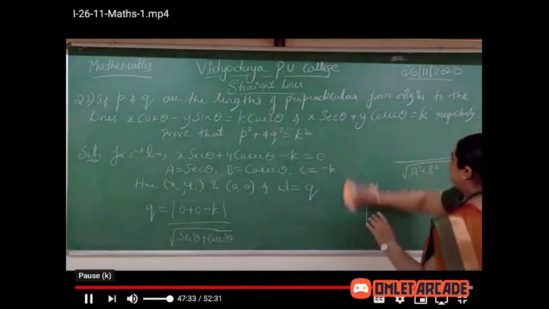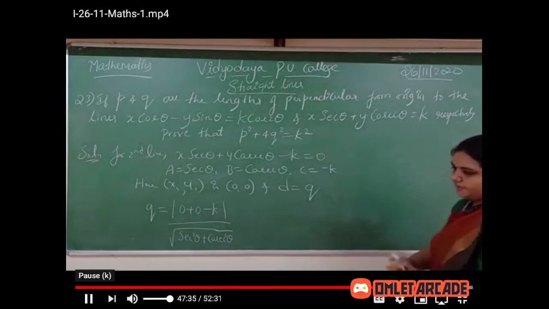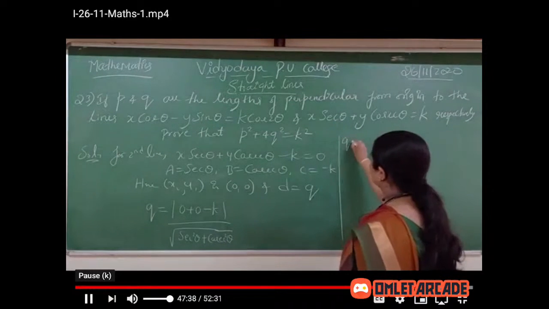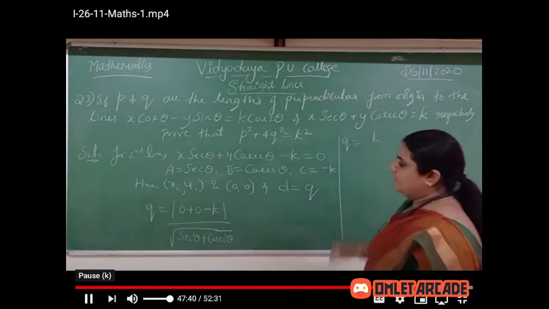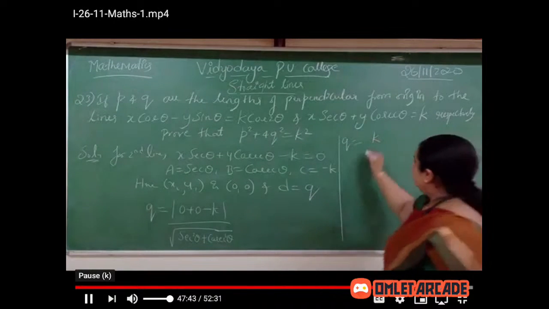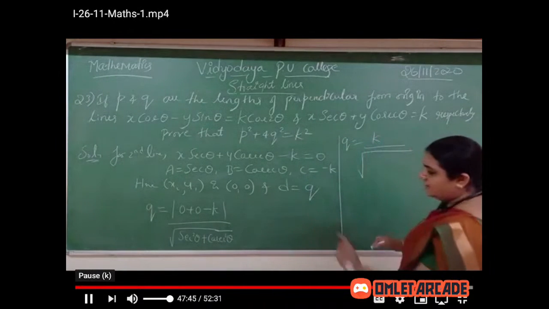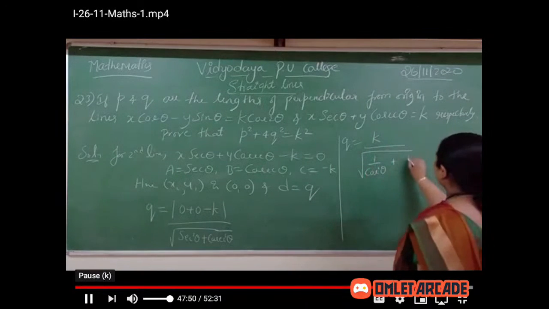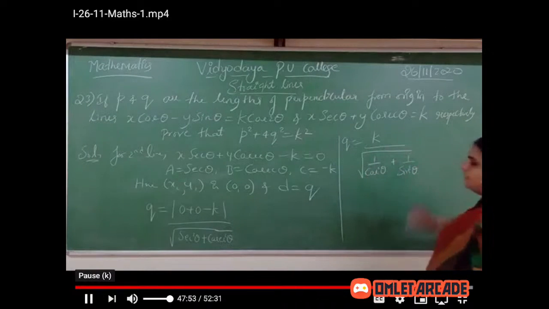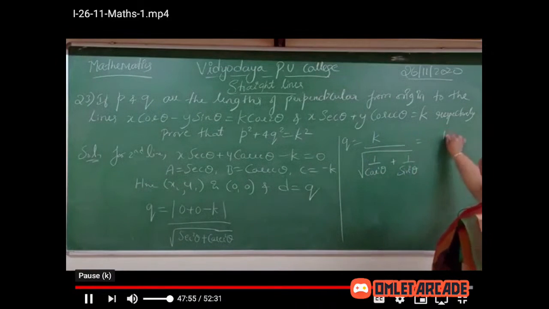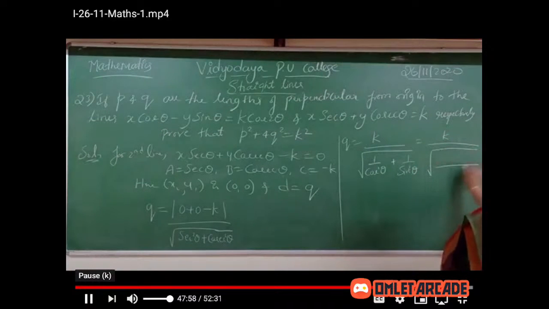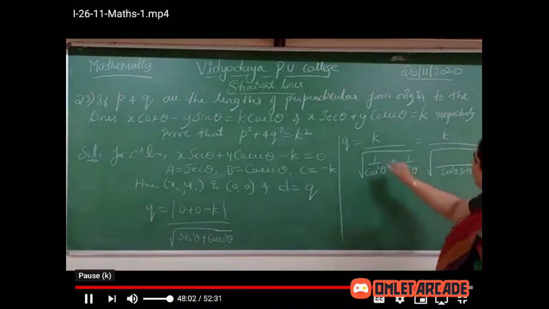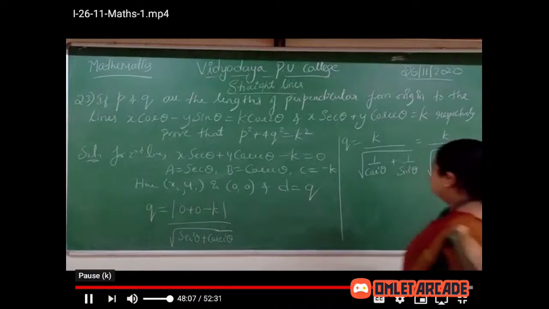Now let me simplify q. So q is, numerator will be k because modulus of minus k will be k, divided by, in denominator, can I take secant square as 1 by cos square theta and cosecant square as 1 by sine square theta? And when you take LCM within the root, cos square theta sine square theta, in the numerator you will get sine square theta plus cos square theta, isn't it?